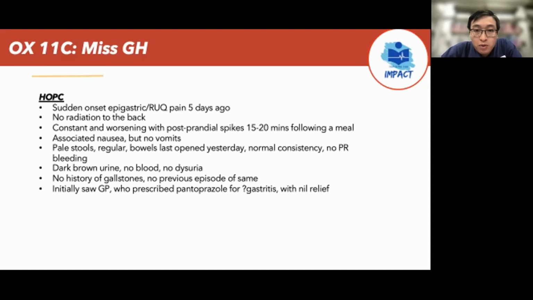So the GP prescribed pantoprazole for query gastritis. I want to ask probably too easy a question. What kind of medication is pantoprazole? Cool. So it's a PPI. Perhaps a less straightforward question is what are the main adverse effects of pantoprazole or PPIs as a class of medications?